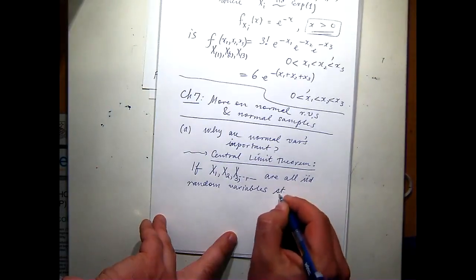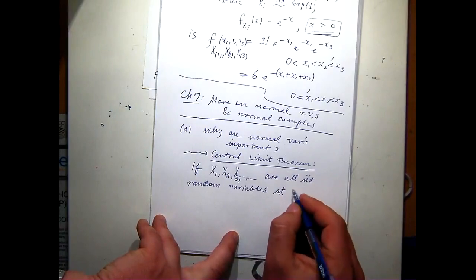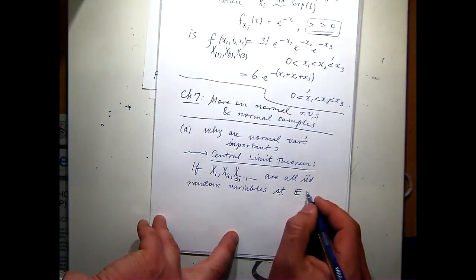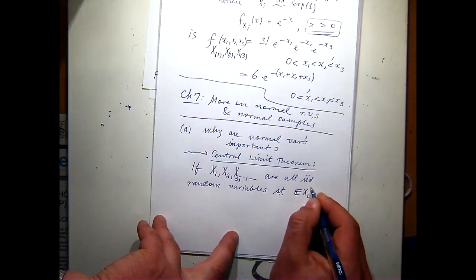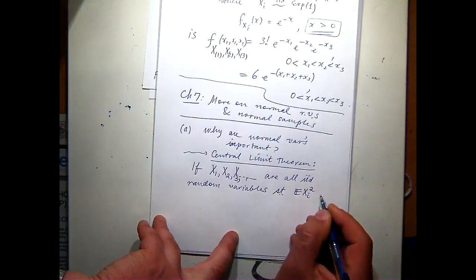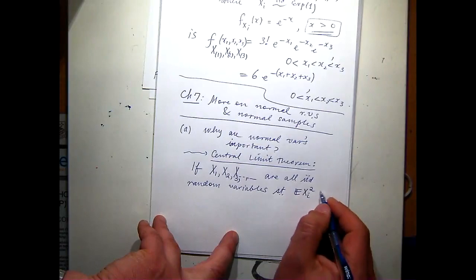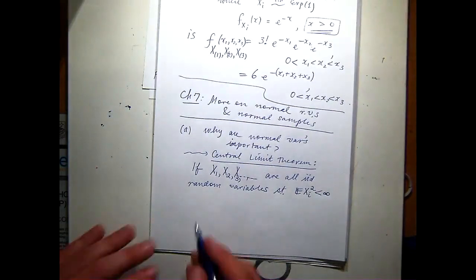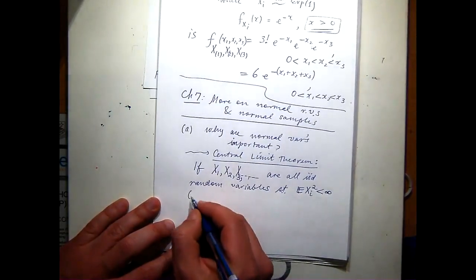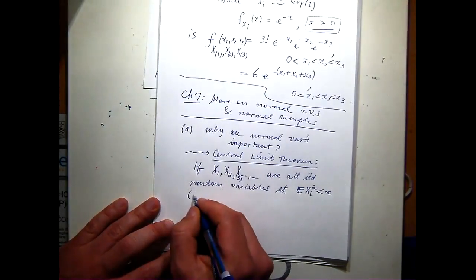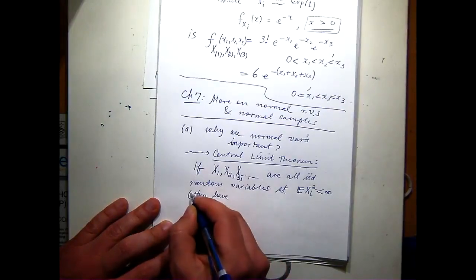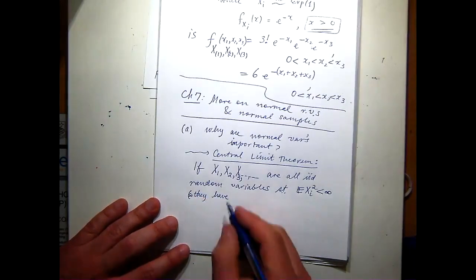Such that the key thing is, I'll write it this way: expected value of Xi squared is finite. Okay, so that's the quickest way of saying they have a second moment or they have a variance. And whenever they have a variance, they must also have a mean.